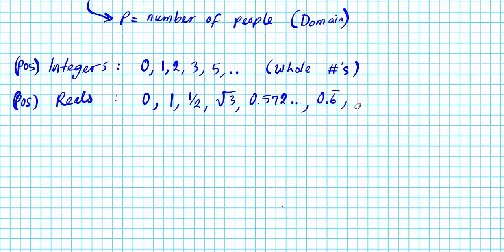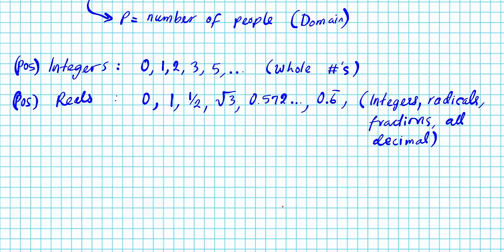So basically, real numbers are integers, okay, we're looking at whole numbers, radicals, fractions, and all decimals. It doesn't matter if the decimal is terminating or repeating. They are all reals. Okay?